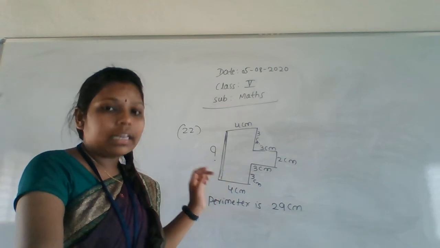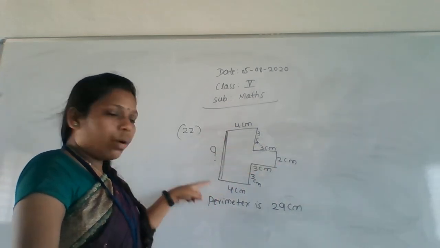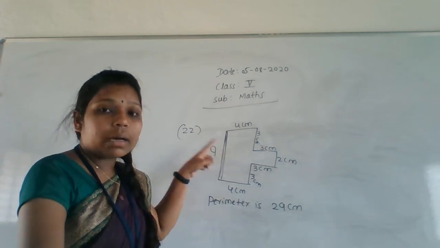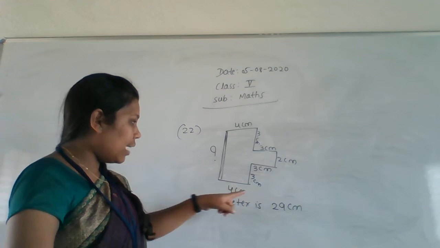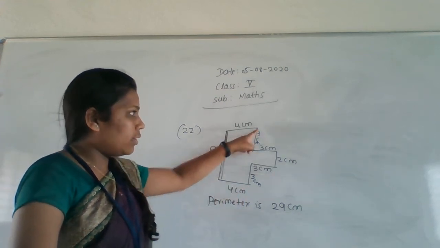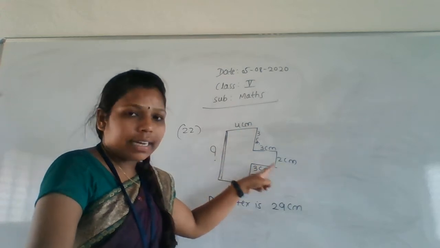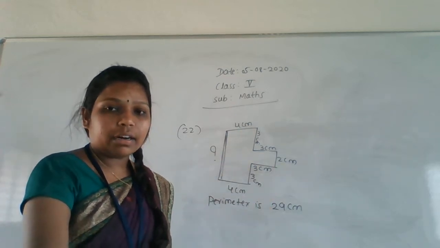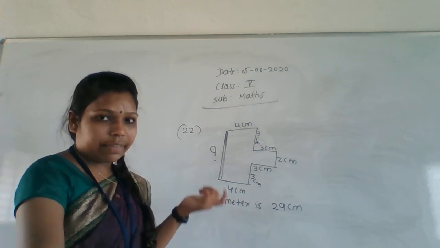That is called the perimeter. Sum of all the sides is called the perimeter. In Kannada, what do we call it? Suttalate. That means measuring all of this, counting the total of how much there is, what you will get is nothing but the perimeter.